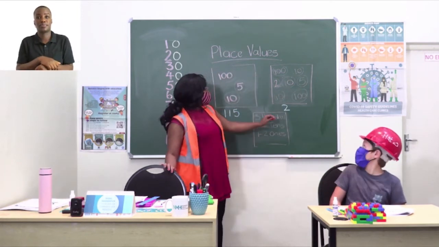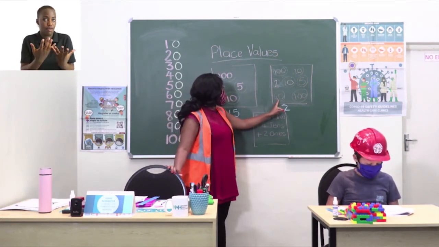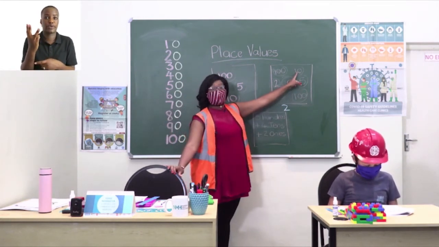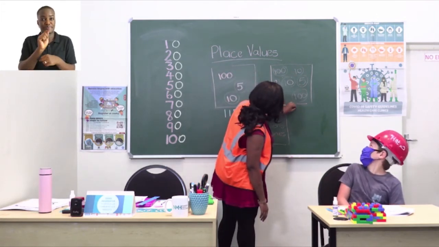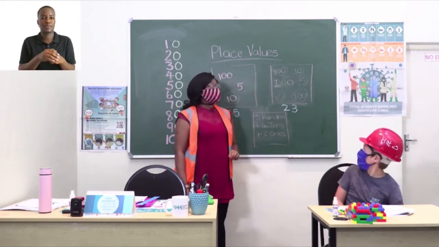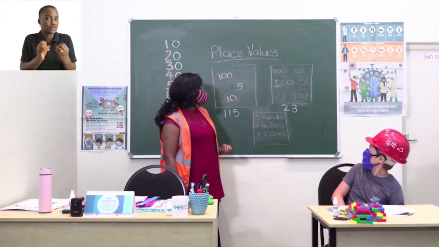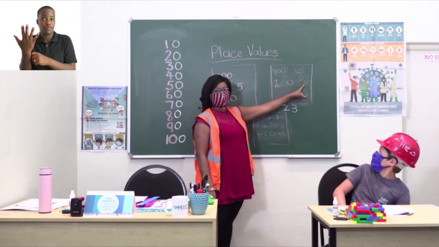Then we are going to find the tens. They are 1, 2, 3 tens. So we are going to write the number 3. And then we are going to find the ones. We have 2 and 5.